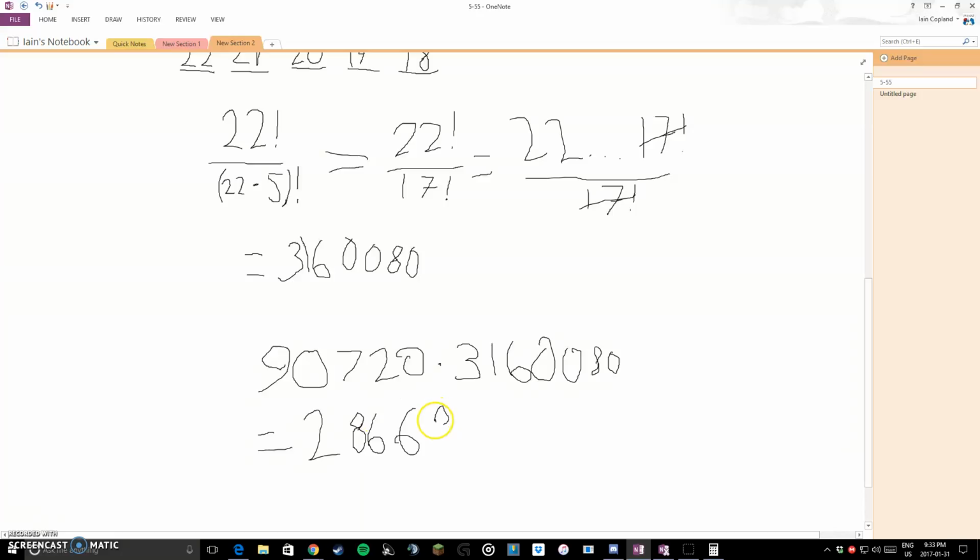I'm not going to even try to pronounce this number because I know I'll just mess it up. What is it? 286,682,457,600. And that's our final answer.